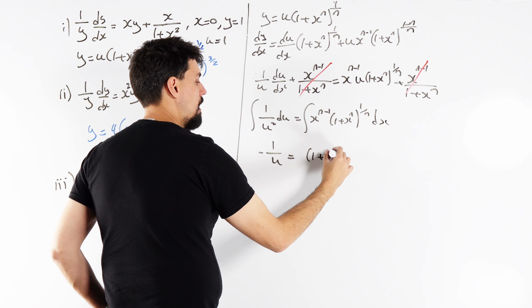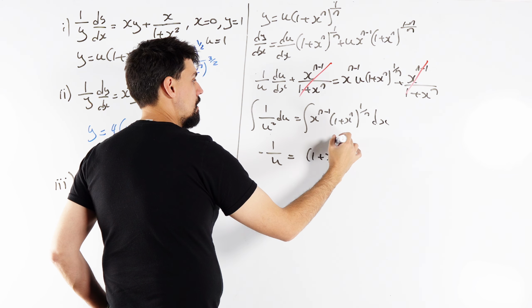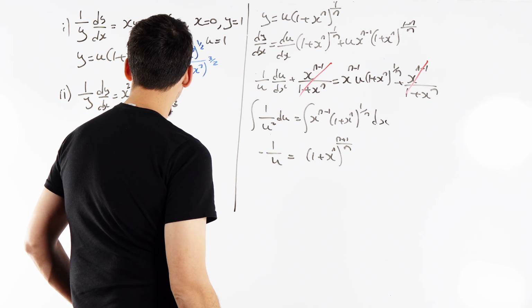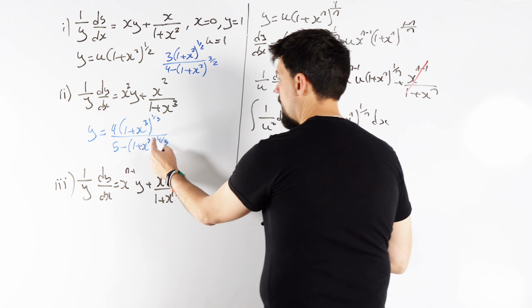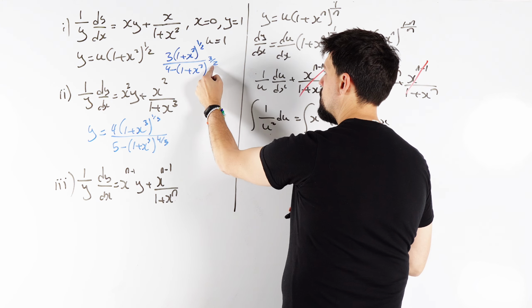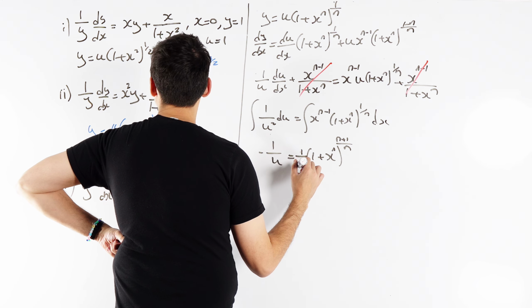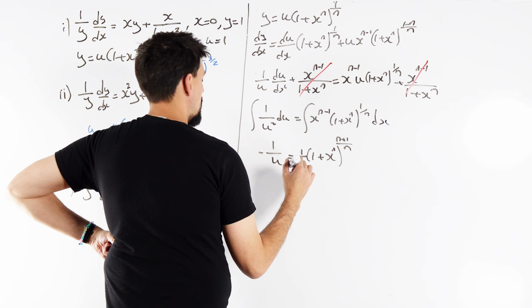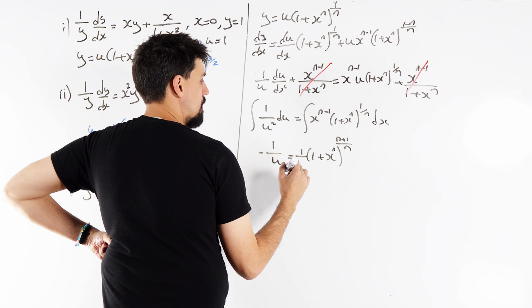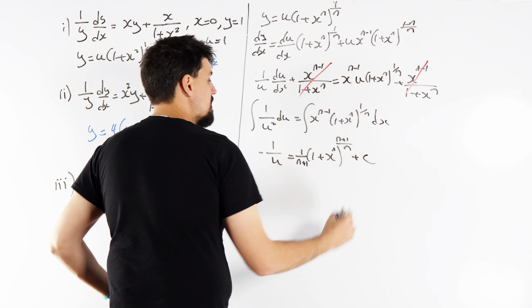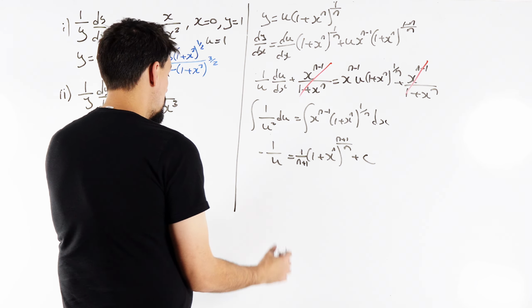Now, (1 plus x to the n) to the n plus 1 over n, which is what we've been thinking, right? N plus 1 over n plus 1 over n. And I think it's 1 over n plus 1. Yeah. Plus c. Initial conditions.